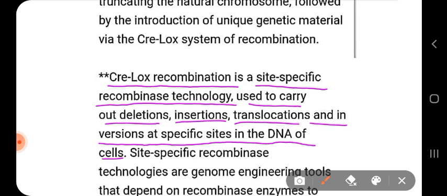So it is a site-specific recombination technology. With the help of the Cre-Lox system, we can remove certain segments from the chromosome and insert our unique genetic fragments, which are meant for curing certain diseases through gene therapy.